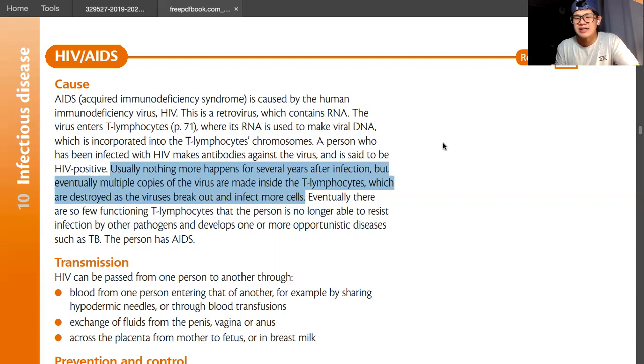It will actually take years for you to know that you have the infection, because they are quite sneaky, they live inside the white blood cells, so it's very hard to detect anyway.